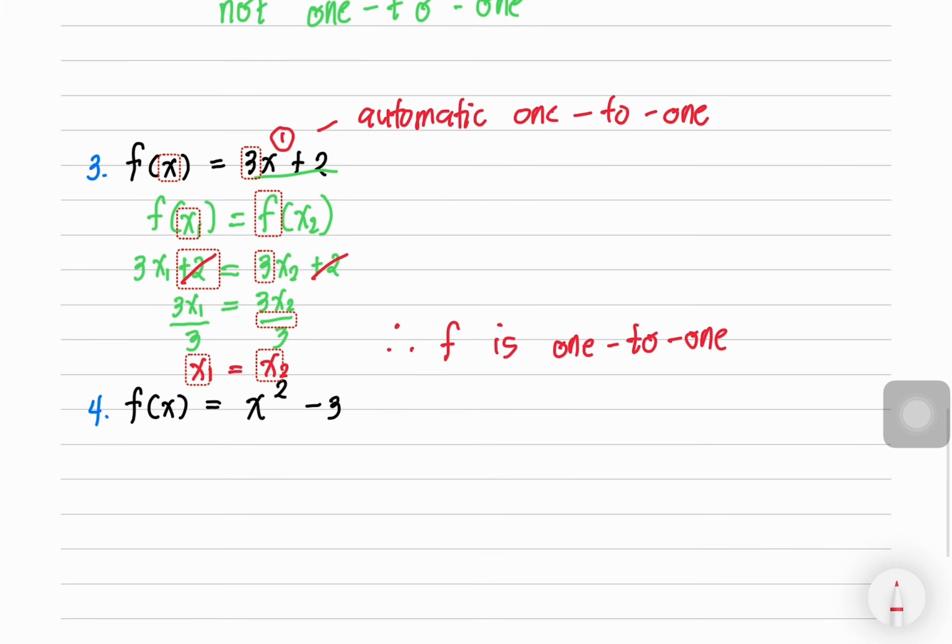Next. Number 4, f of x equals x squared minus 3. So guys, ito, ang equation natin, I mean the degree of the equation dito sa function natin, which is 2, right? Okay. So meaning, ito ay not 1-to-1 function. Okay. So paano ba natin nasabi or na-conclude na not 1-to-1 function?